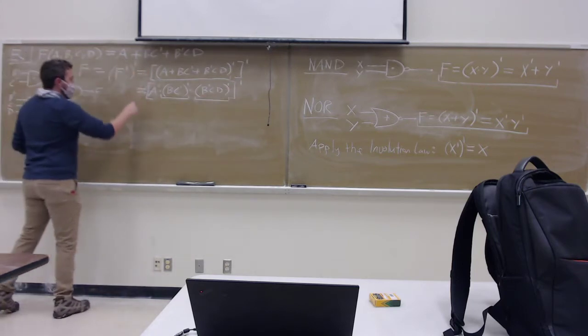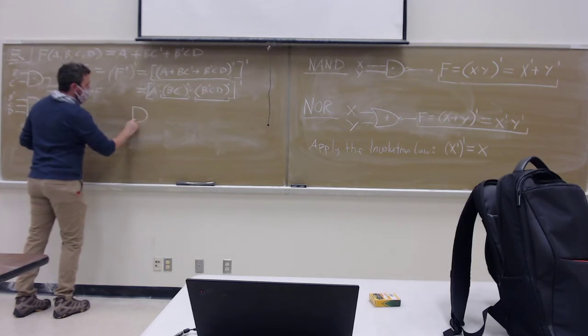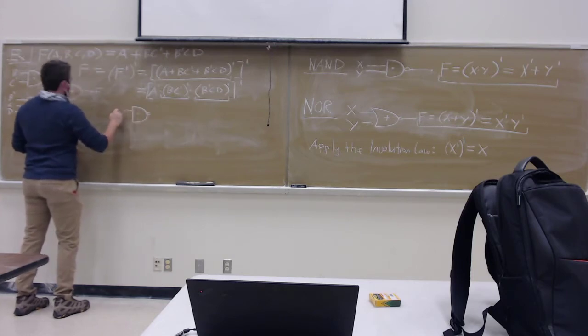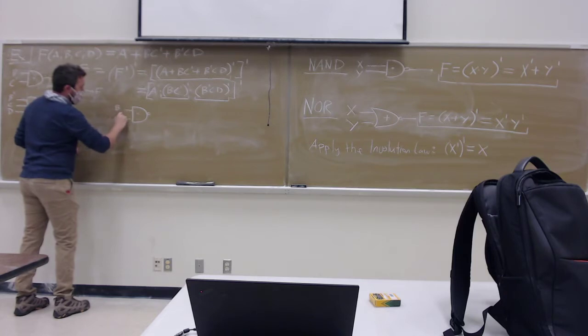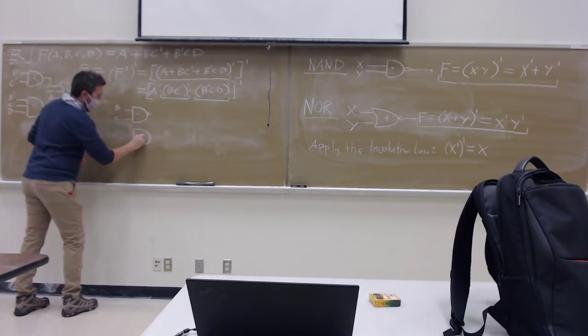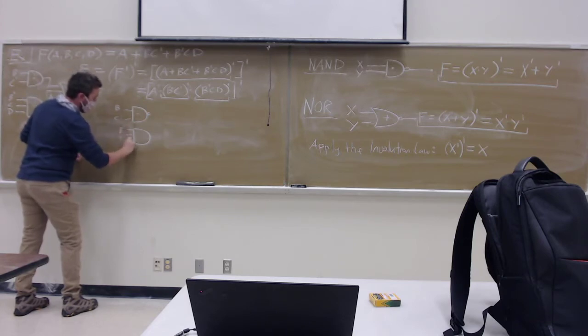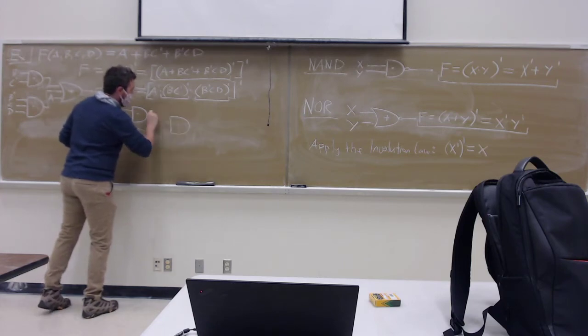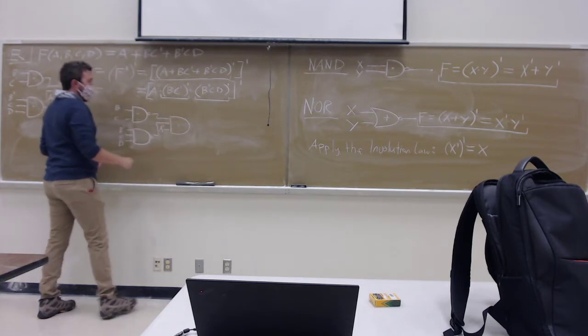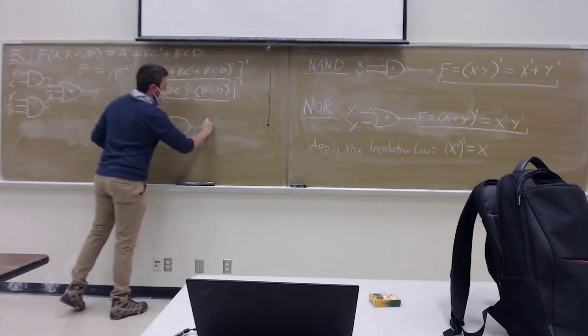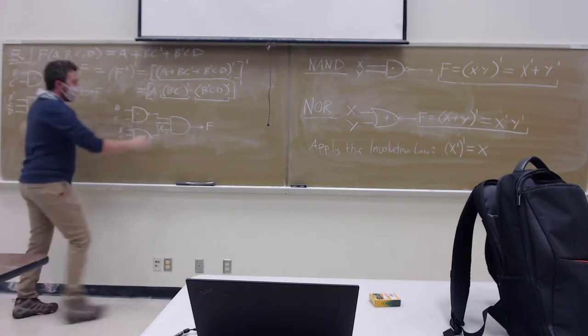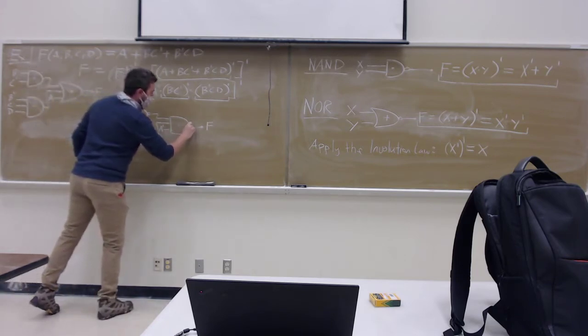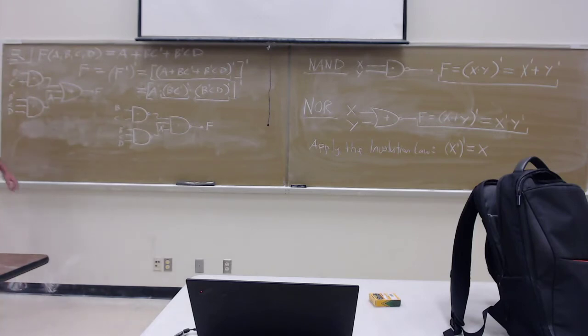So what that means here is if we draw this, now we have a NAND gate with B and C naught, and a NAND gate with B naught, C, and D, and then another NAND gate with A prime, and it's still equal to F. There we go.